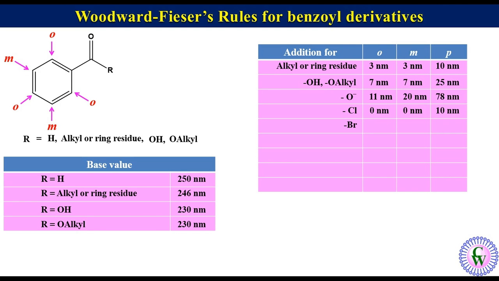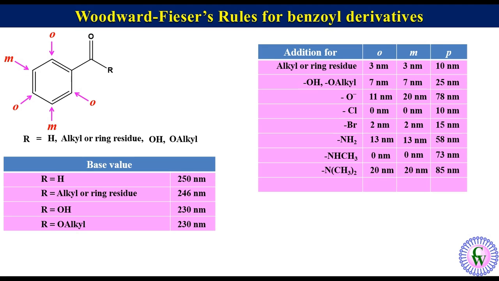For bromo 2, 2 and 15. For NH2 13, 13 and 58. For NH-methyl 0, 0 and 73. For N-dimethyl 20, 20 and 85, and for NH-acetyl 20, 20 and 45 respectively.